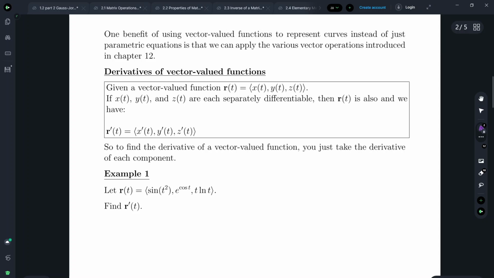Okay, so now that we've introduced vector valued functions, we're ready to talk about taking derivatives of vector valued functions.